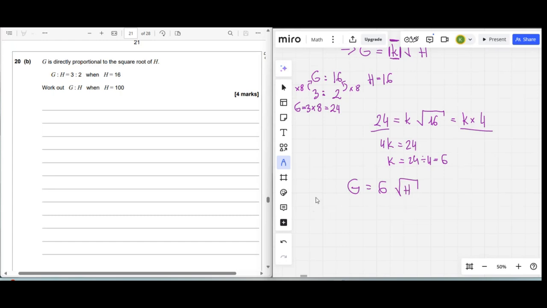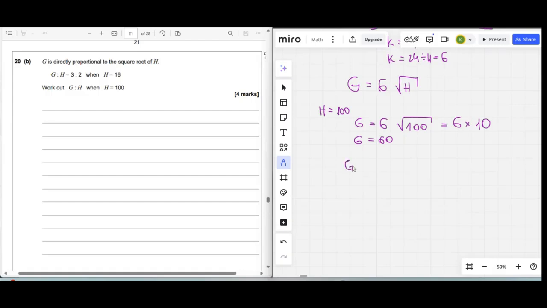And now work out G to H when h is 100. G will be then 6 times the square root of 100. So 6 times 10, which is 60. G is 60. So our ratio G to H would be 60 to 100, and we need to cancel that down to simplify it.